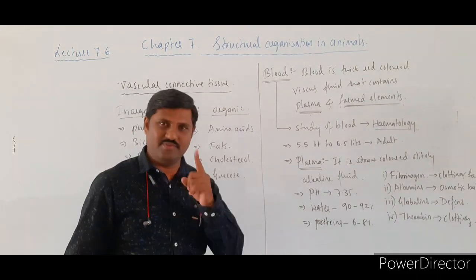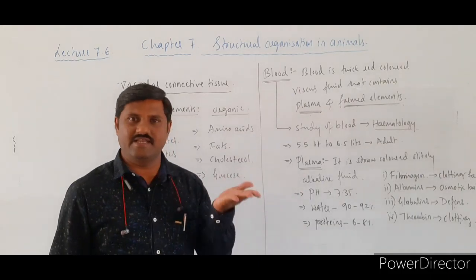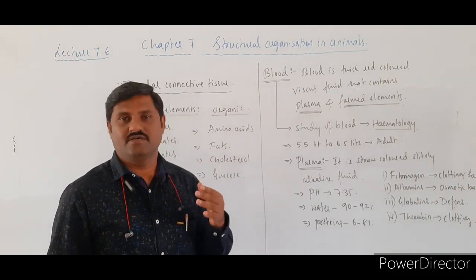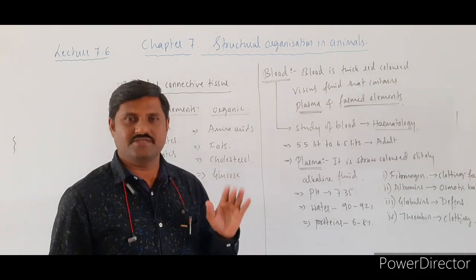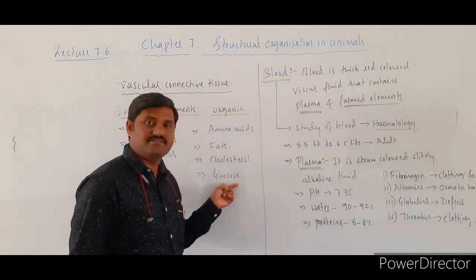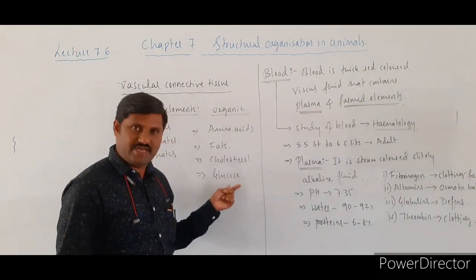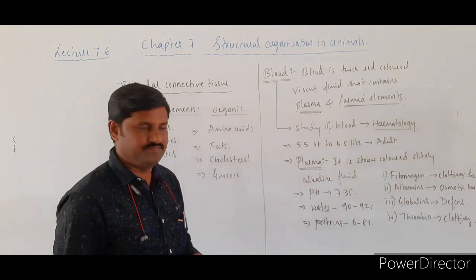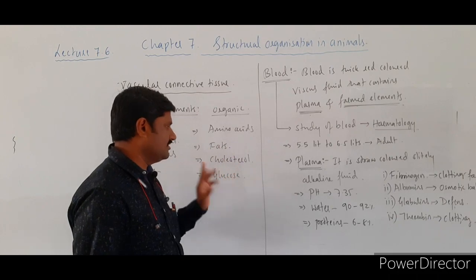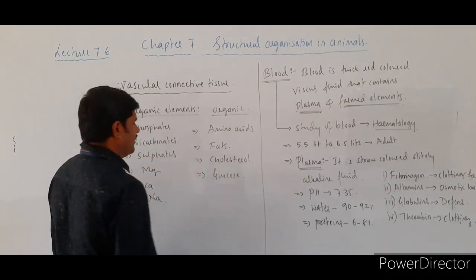Why? Because if the glucose amount increases in the body and it is removed through urination or micturition, that condition is called the diabetic condition. So this blood glucose plays a very important role. Amino acids, fats, cholesterol, as well as glucose, such kind of organic substances are also there.